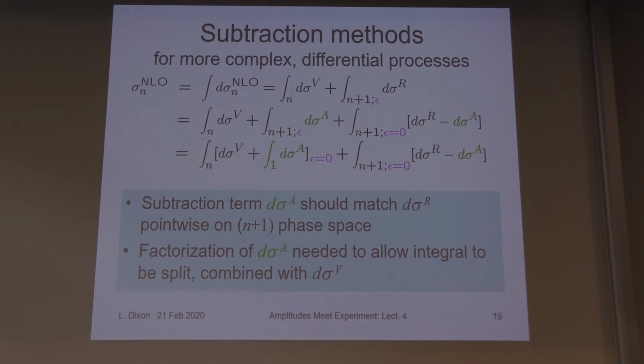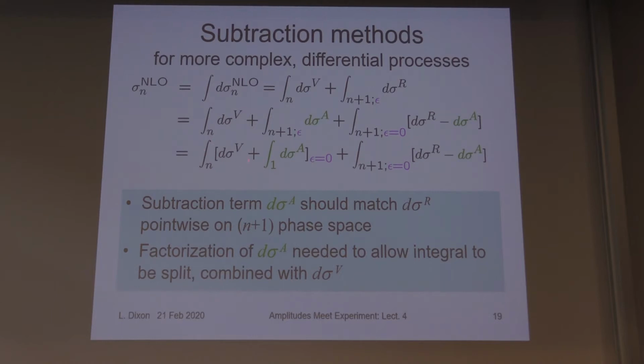And the reason you can do it is because this approximation can be constructed in such a way that it's essentially a product of a singular factor, like a collinear splitting kernel, and also take into account soft behavior, with the lower order cross-section.